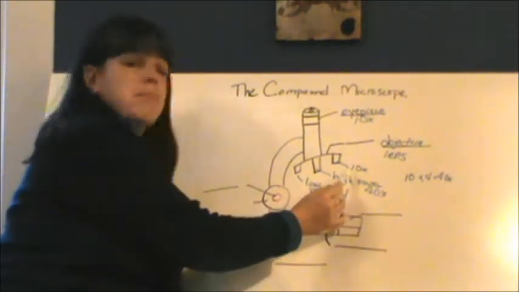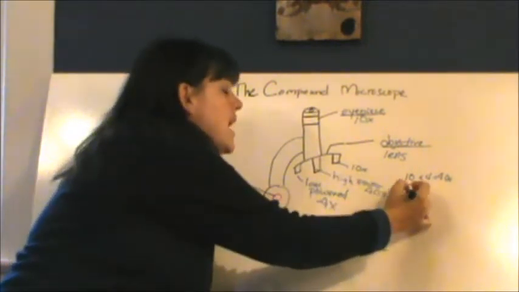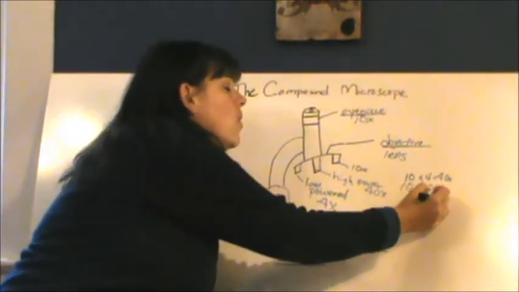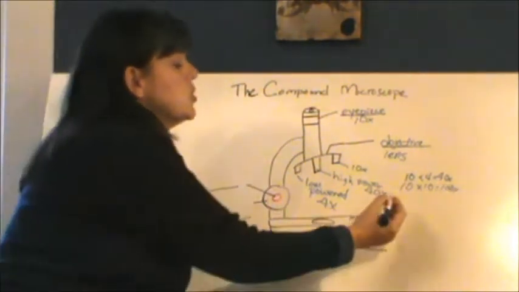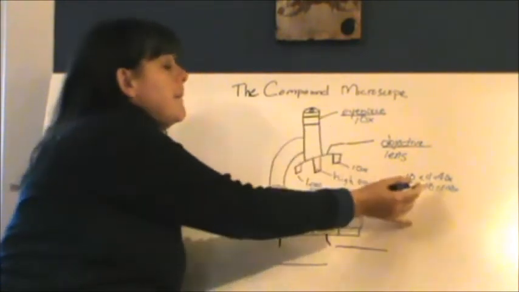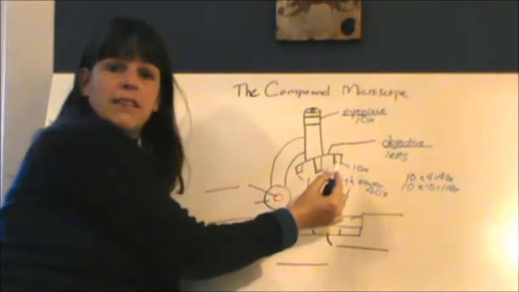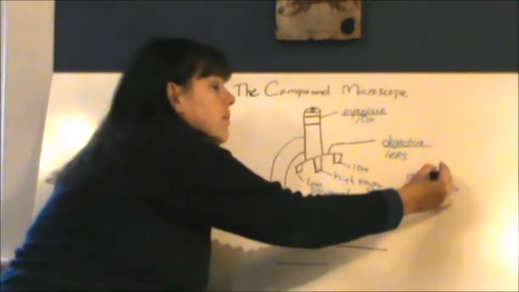When you move that up to the medium level objective, then you're going 10 times 10, or its total magnification is 100 times. So what I'm doing is I'm taking 10, which is the eyepiece magnification, multiplied by the objective lens magnification, and resulting in the total magnification.